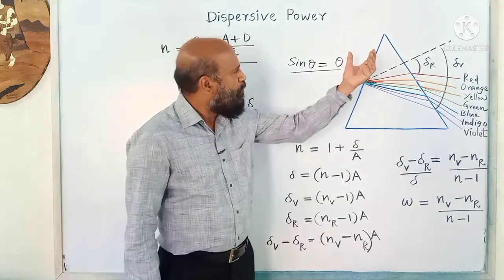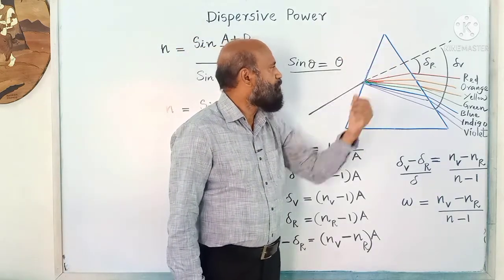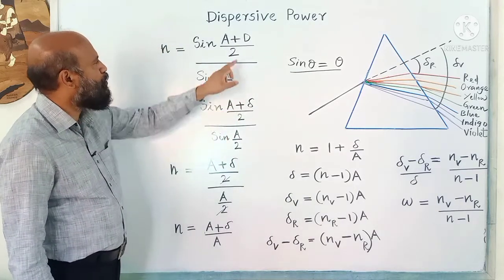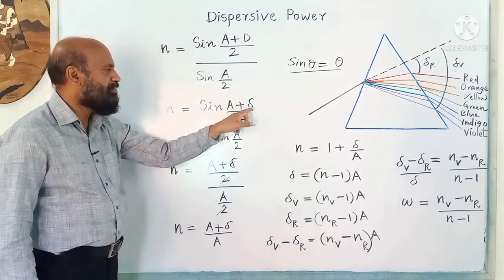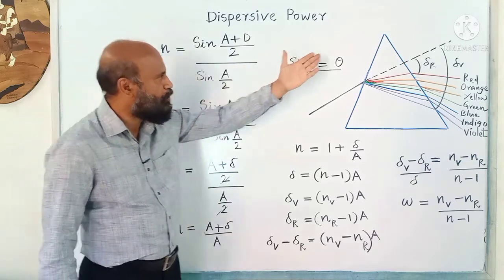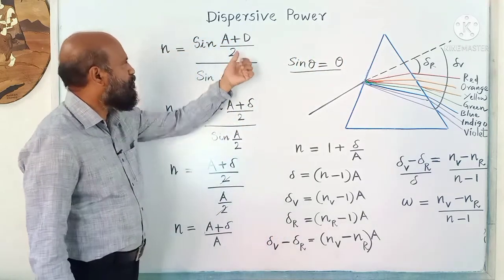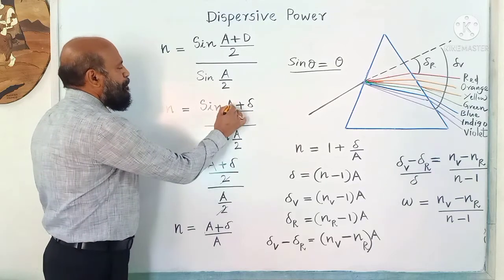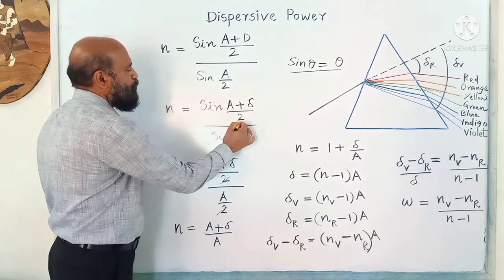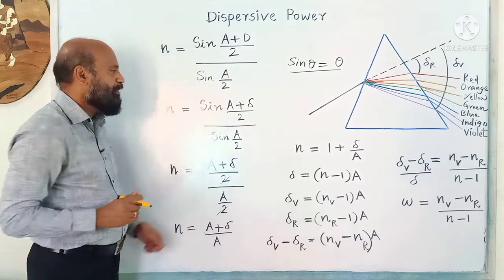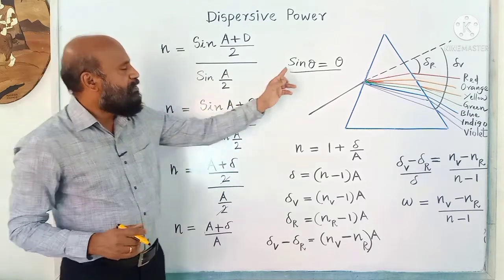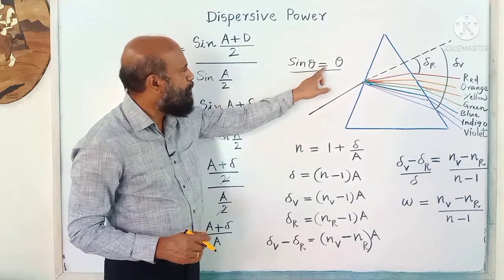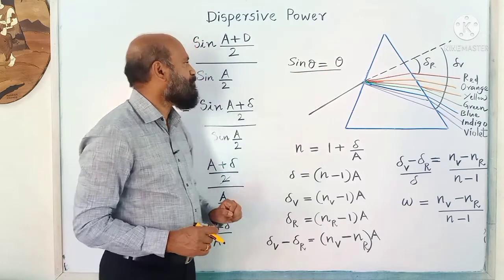When the angle of the prism is small, deviation produced also will be small. So instead of capital D, we can write delta. Then sin((A plus delta)/2) divided by sin(A/2). When the angle is very small, sin theta will be approximately equal to theta.